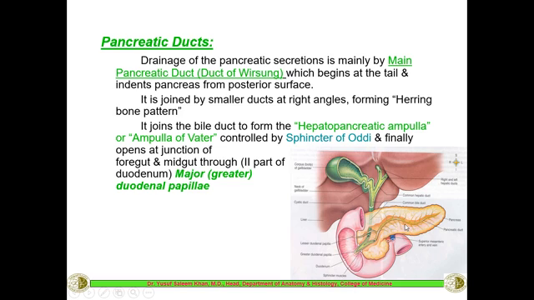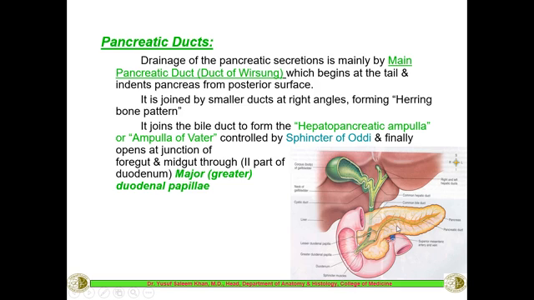So before it opens, if you see the duct, it looks like what you can say as the ribs of the fish. Okay, so that's what is called as herringbone pattern.